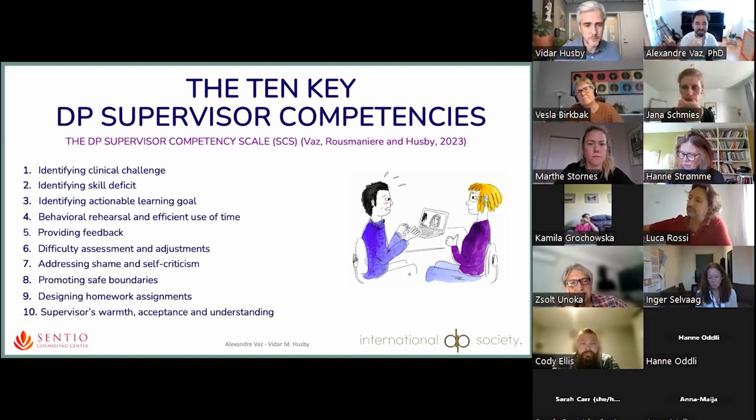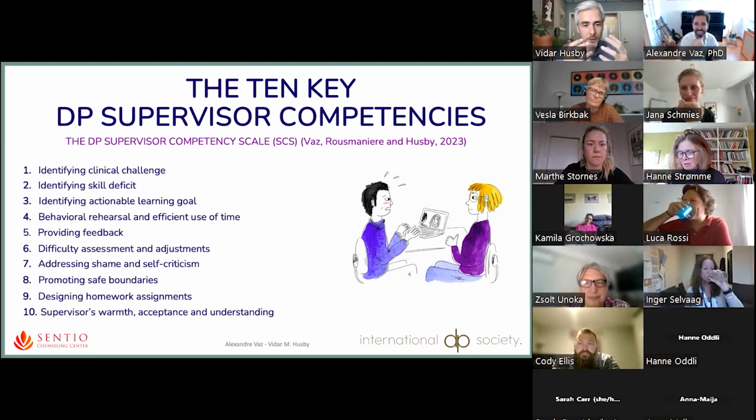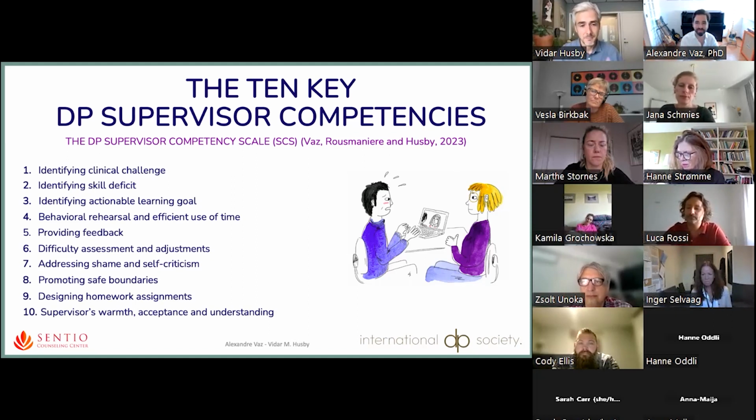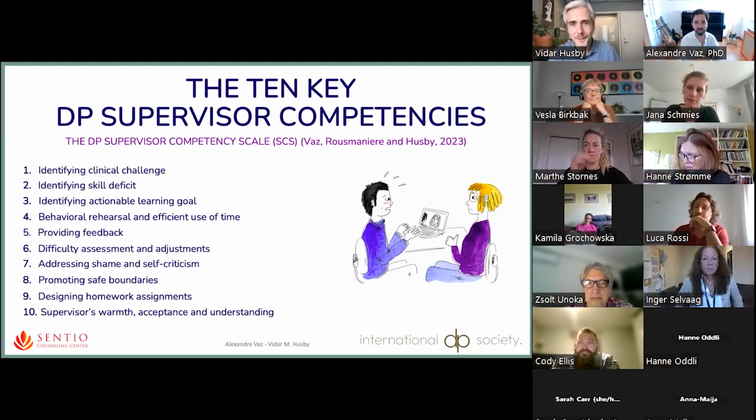I know supervisors that have a lot of expressed emotion in their face, and also some that are really stone faced, not that expressive, but where warmth and acceptance and understanding is still very much there. So these things can be expressed in different ways.